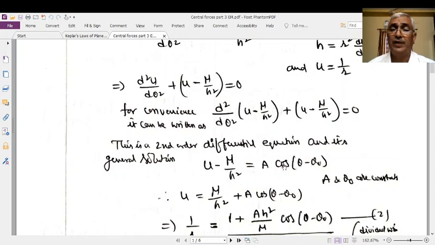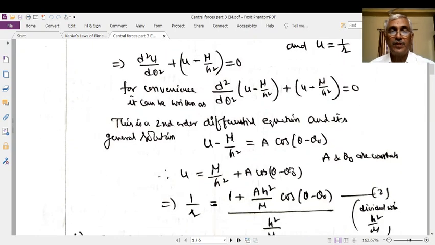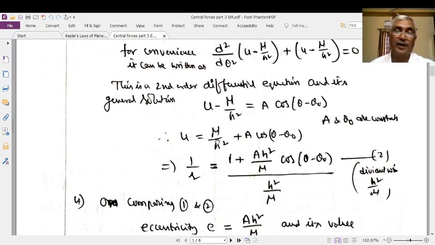Therefore we will term it simply cos theta. What is the maximum value of cos theta? 1. Minimum value of cos theta? -1. Now u is equal to, when mu by h square is displaced to the RHS, mu by h square plus a into cos theta minus theta naught.